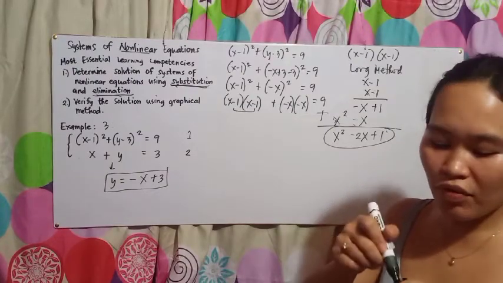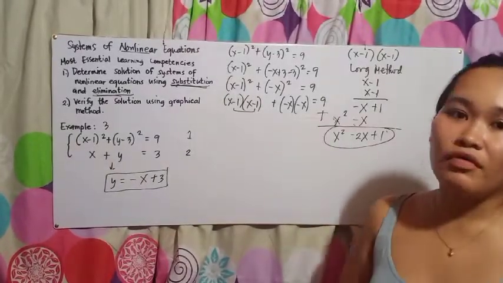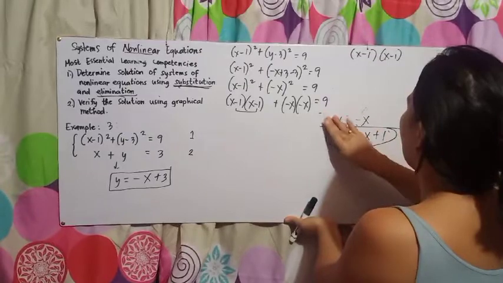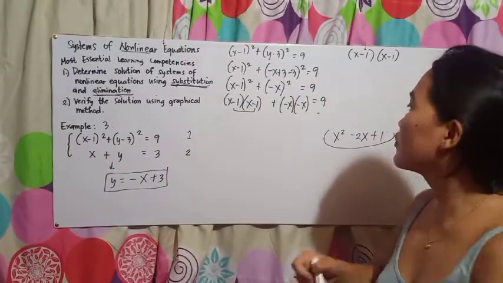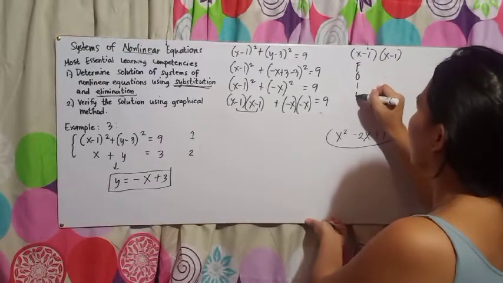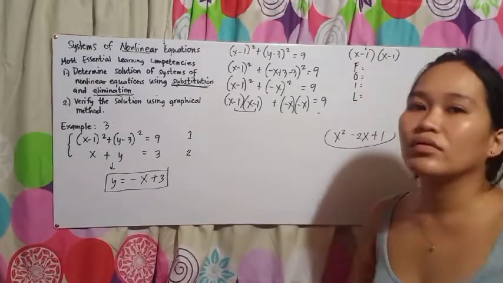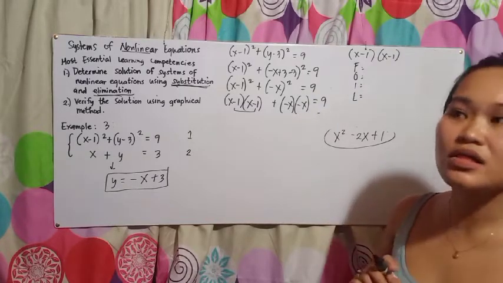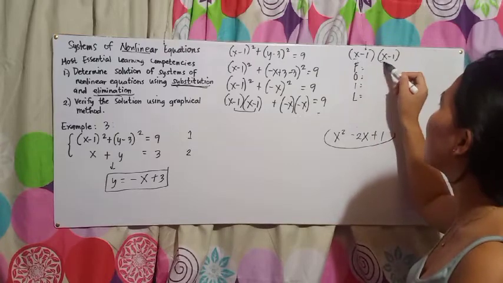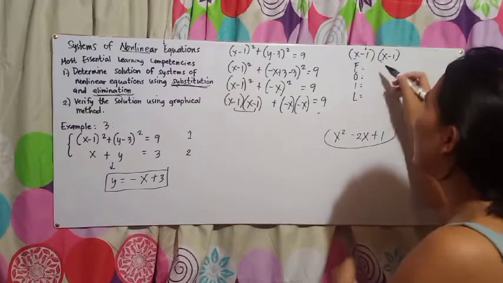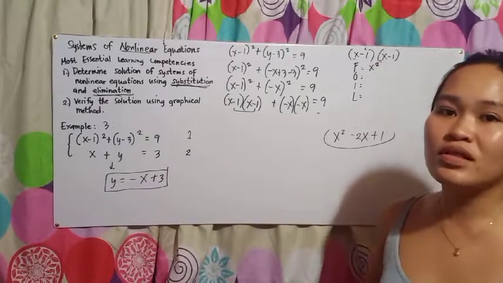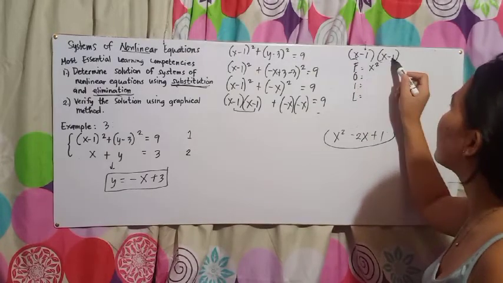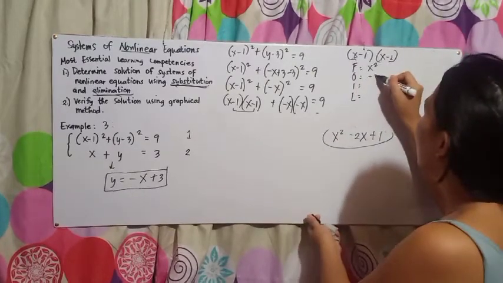Okay, now I will show how to solve using the FOIL method. F stands for first. The first terms are multiplied. x times x is x squared. O stands for outer. The outer terms are these. x times negative 1 is negative x.